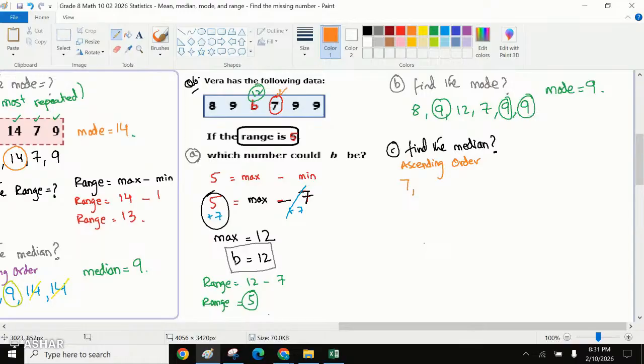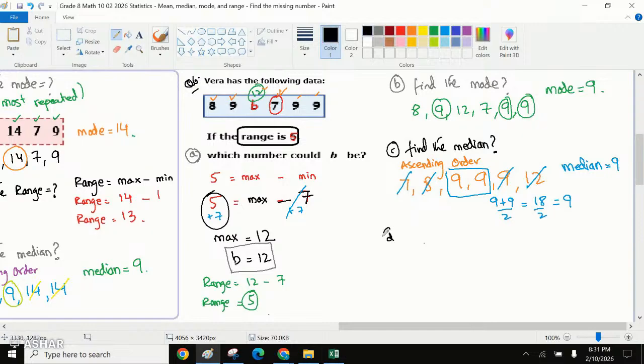Then 8. We have 3 values for 9, and then 1 value for 12. We cancel out the first and the last. In the case where we are left with two values in the middle, we find the average. That means 18 divided by 2 is 9. So the median comes out to be 9.